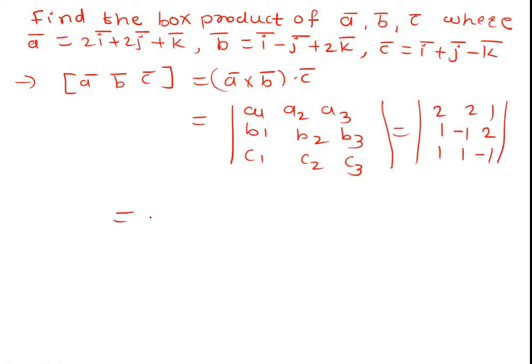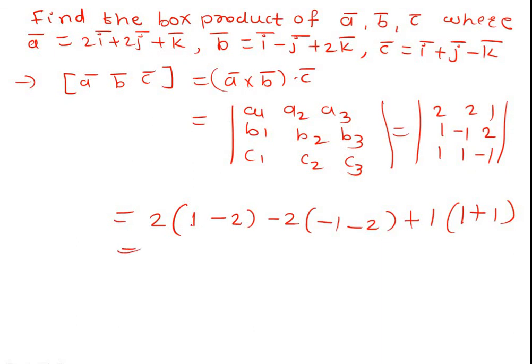Solving this, we get 2 into minus 1 minus 2, that is minus 3, giving minus 6 after multiplying by 2... then minus 2 times minus 1 minus 2, that is minus 3, giving plus 6, and plus 1 times 1 plus 1, that is 2, giving plus 2. So the minus 2 and plus 2 cancel, and the final answer is 6. That 6 is the box product of these three vectors.